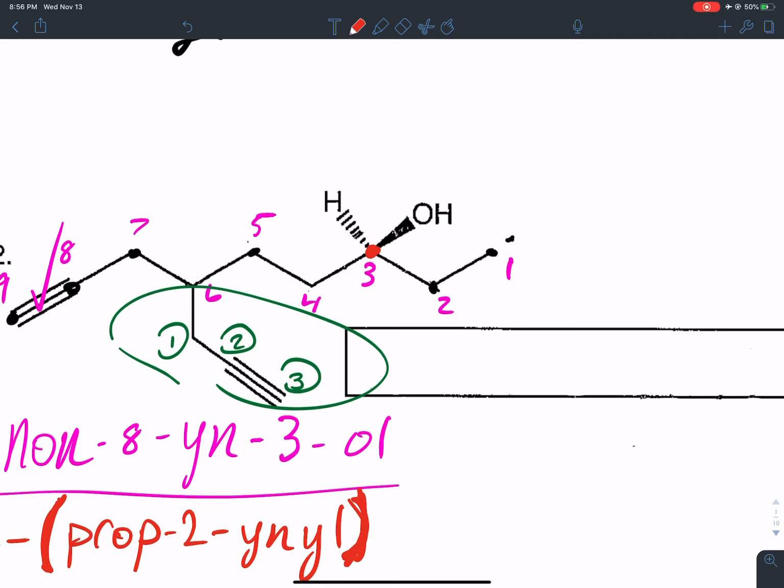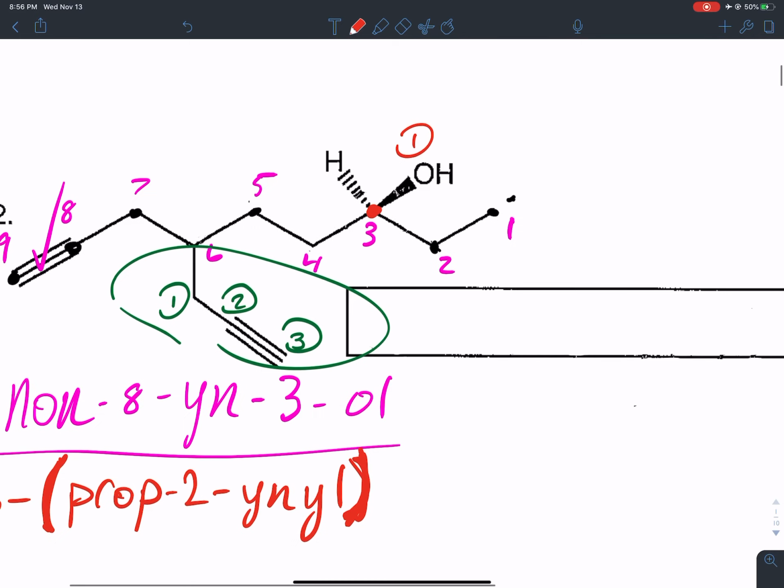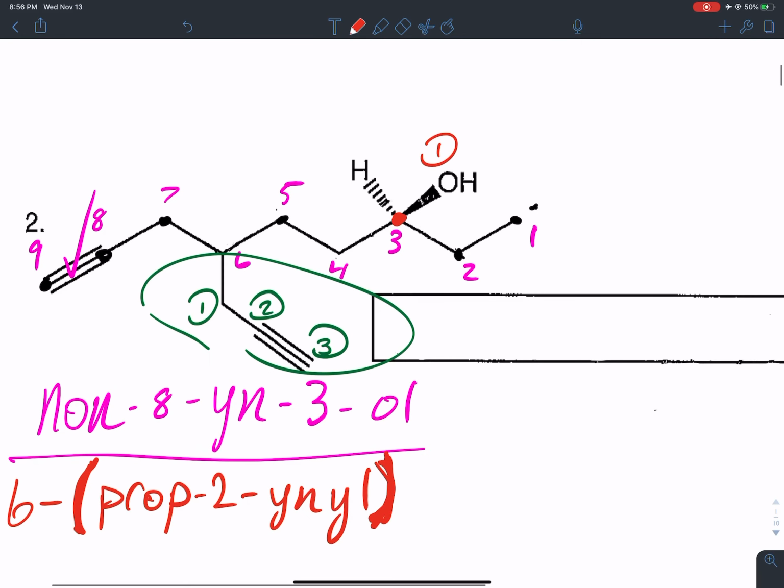Now we assign the priorities, and that's done by atomic number. So the highest atomic number atom is going to win. Which one has the highest atomic number? Oxygen. Oxygen is priority 1. What's next? Carbon. Carbon is next, but we have to break the tie. So looking, we have a carbon on the left and a carbon on the right. They're both carbons. They both are CH2s, actually, right? So are they identical? Yeah, the CH2s are identical, so we have to go one more. This is a CH2, this is a CH3. So which one wins?